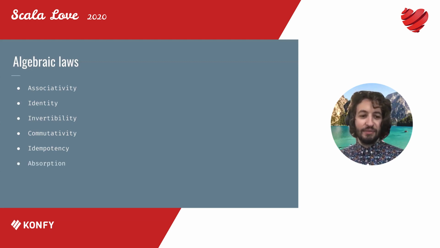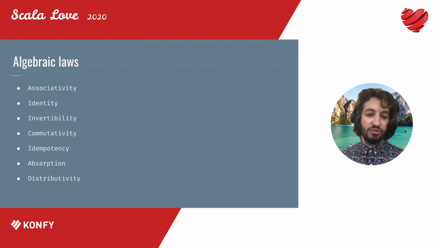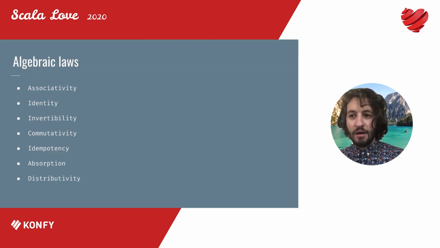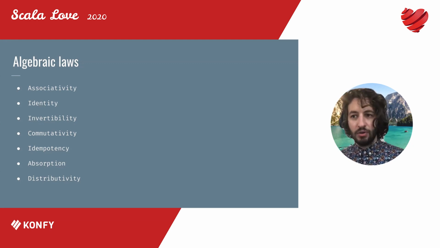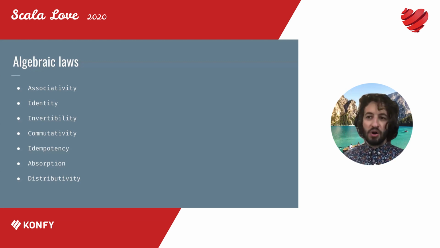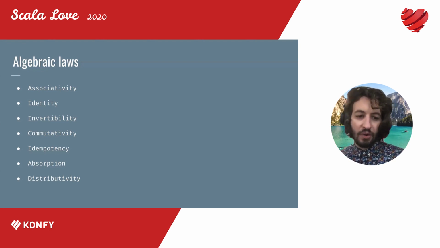And we also have absorption and distributivity. So these are a bunch of different laws, and pretty much all of them are present to some degree in cats. And we'll have a look at what this is. And this is basically what abstract algebra is all about, defining these algebraic structures using these kinds of laws.